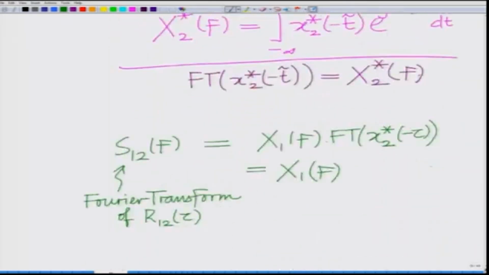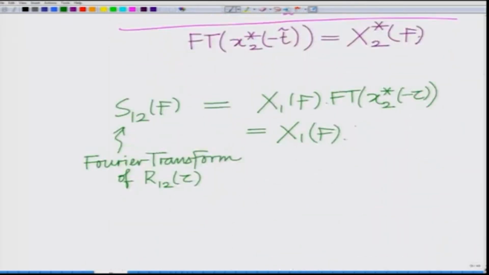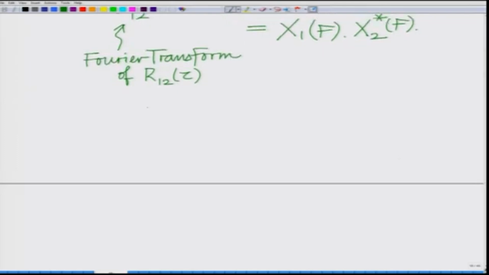This is the Fourier transform of x2 conjugate of minus tau, so we have x1(f) times x2 conjugate of f.